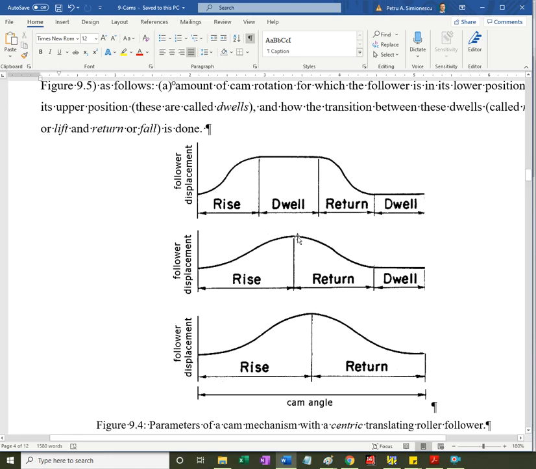You can have no upper dwell, no lower dwell, or no dwells at all. For engine cams, you don't have an upper dwell, you have a lower dwell. For a cam that drives a membrane pump, there is no dwell at all.